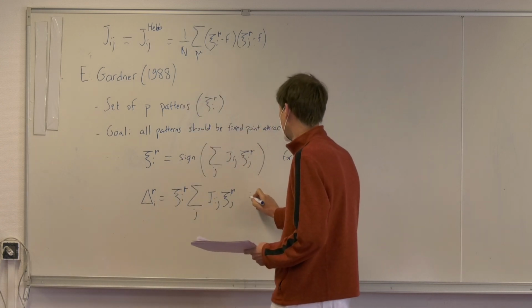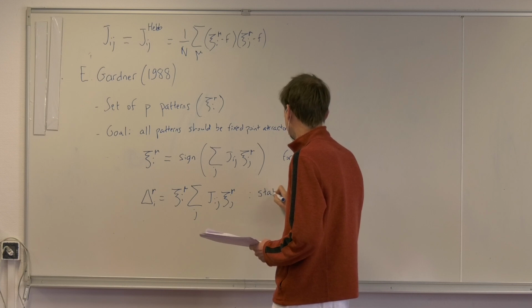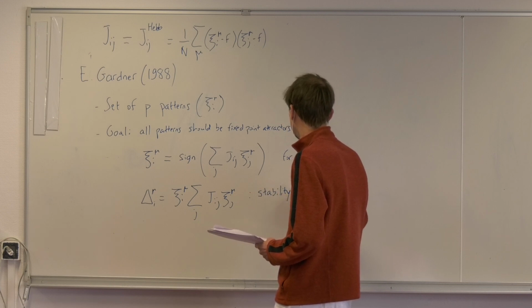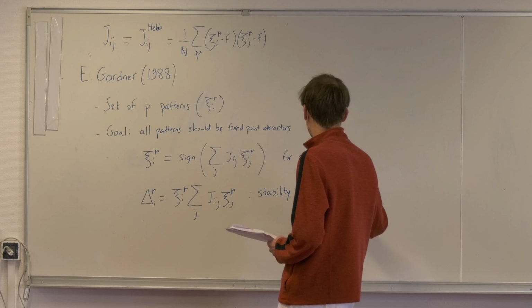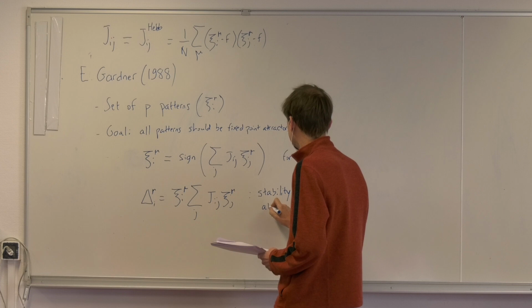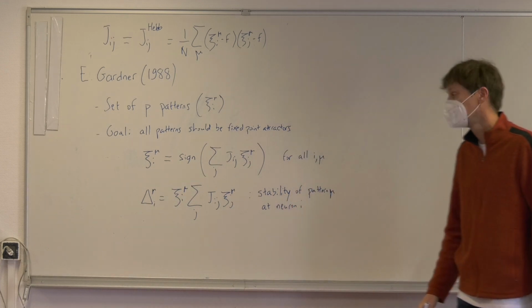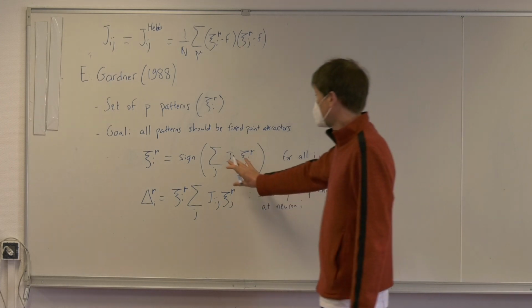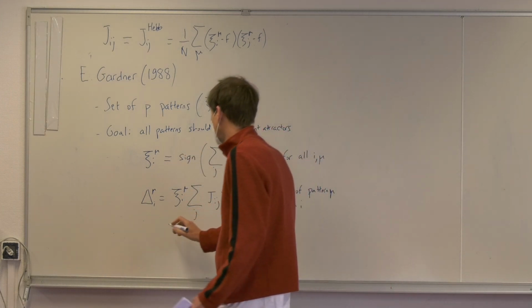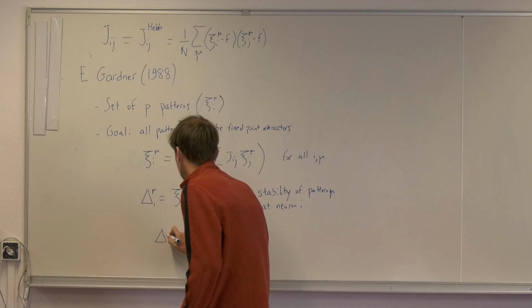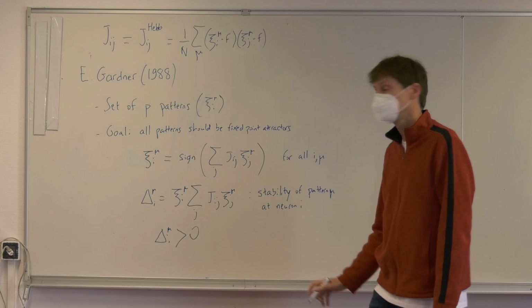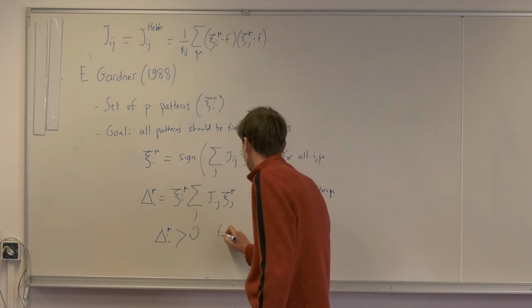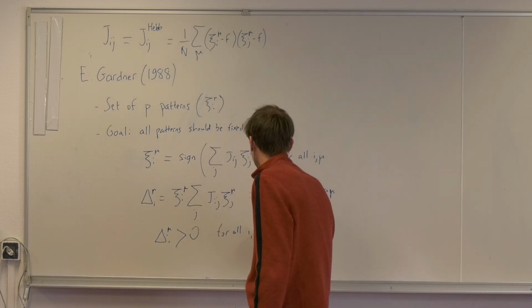We will call it the stability of pattern mu at neuron I. So we have Pn stabilities, and this constraint is equivalent to delta I mu being positive for all I and mu.